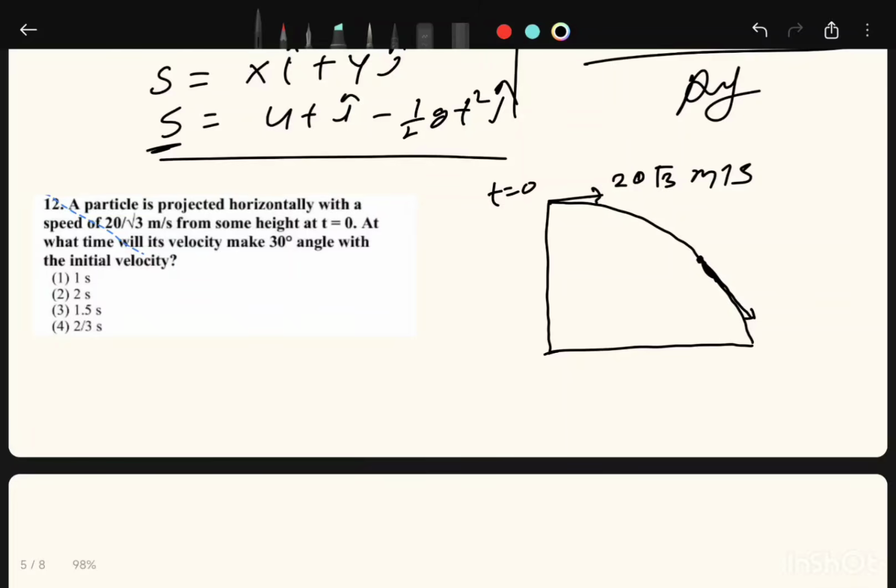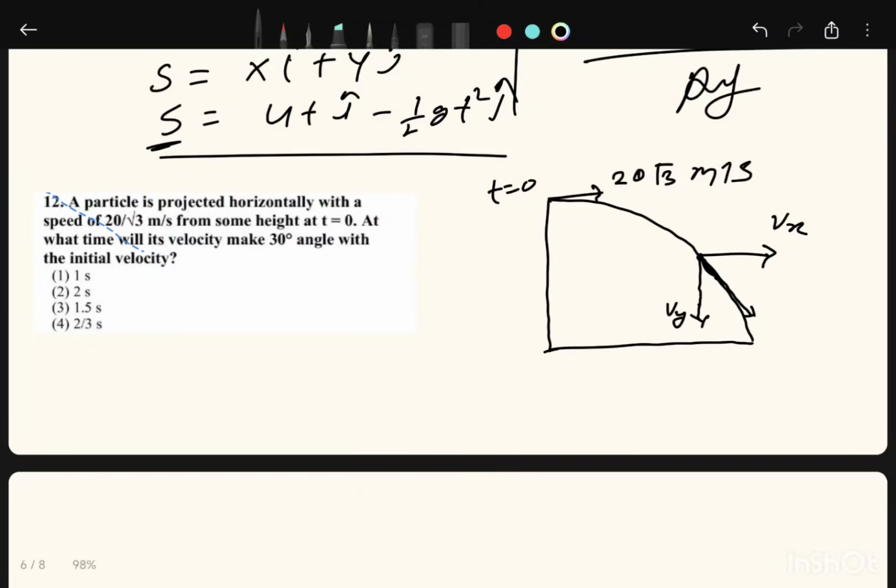Its horizontal component will be in this direction and its vertical component will be in this direction. Let's suppose this is Vx after some time, and this is Vy, and this was your initial velocity Ux, because the particle is thrown horizontally.